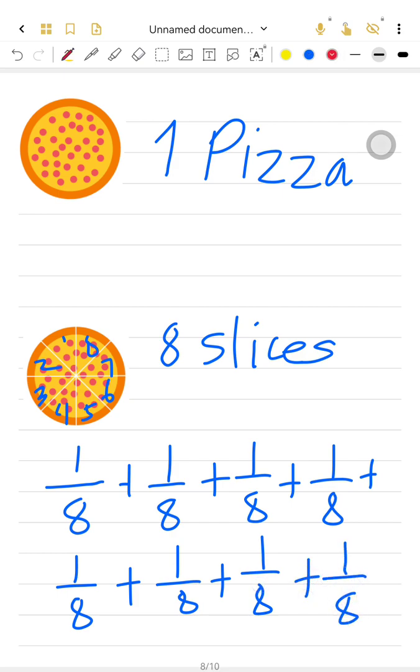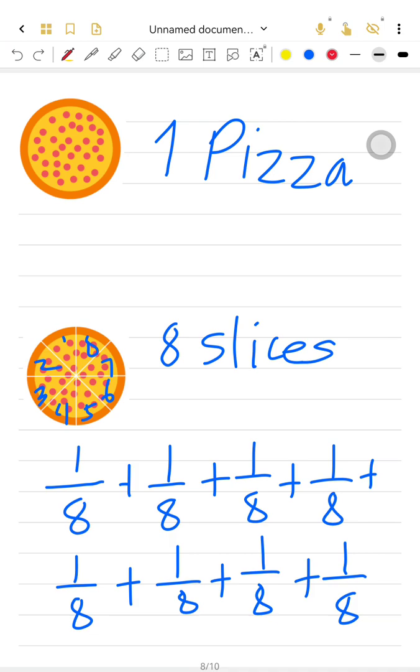If we count 1, 2, 3, 4, 5, 6, 7, 8, there are 8 since I divided the pizza into 8 slices, because there are 8 people, so divided equally.